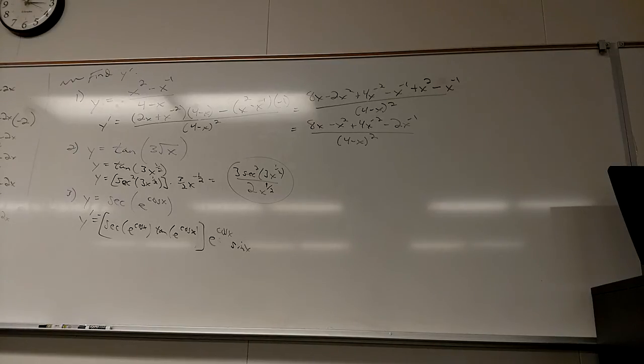All right. So again, let me show you. If you are uncomfortable with the rules, so when I did y equals tangent 3x to the 1/2, when you do the derivative, you can say, okay, secant squared 3x to the 1/2 times the derivative of 3x to the 1/2, and then you can focus your attention on that piece.